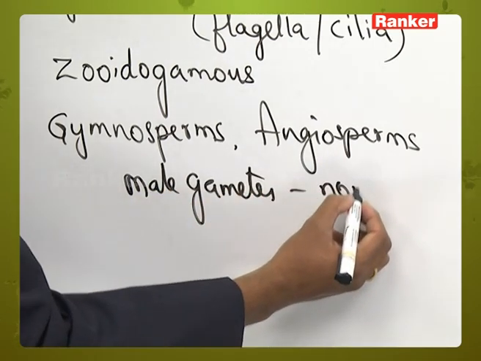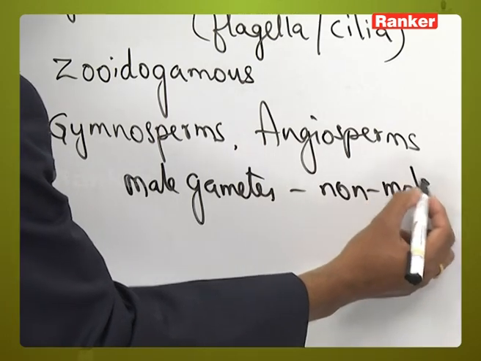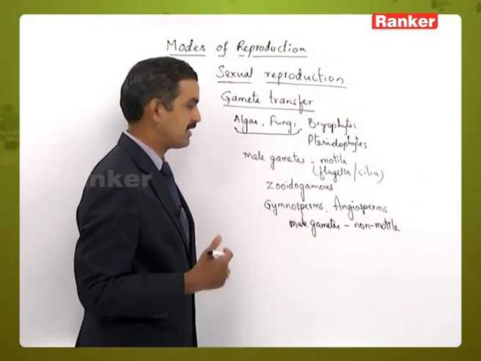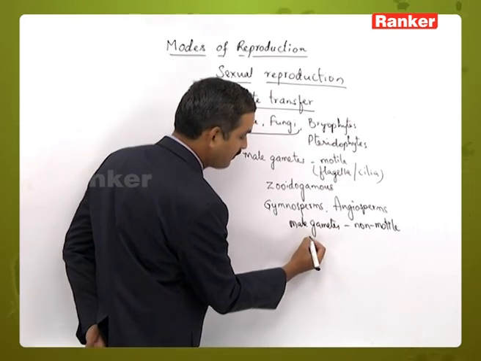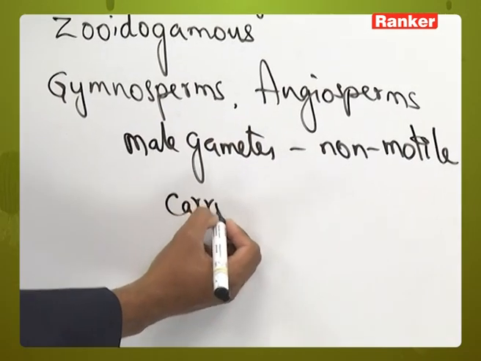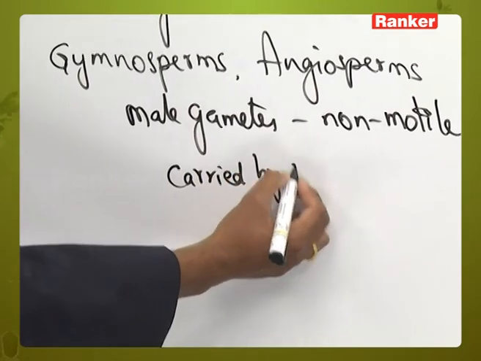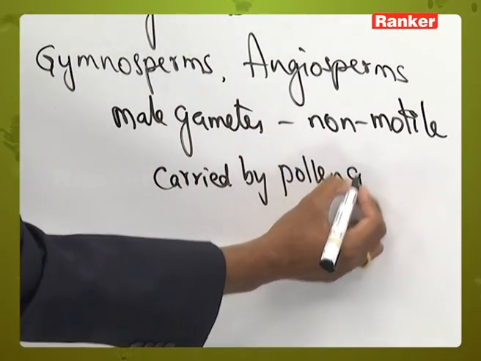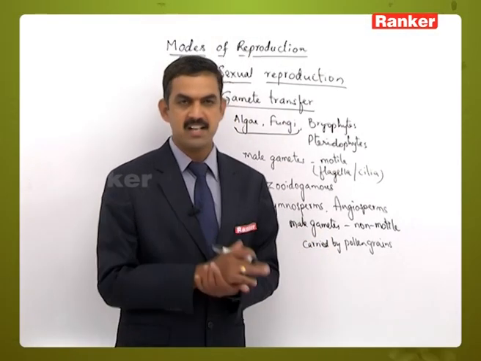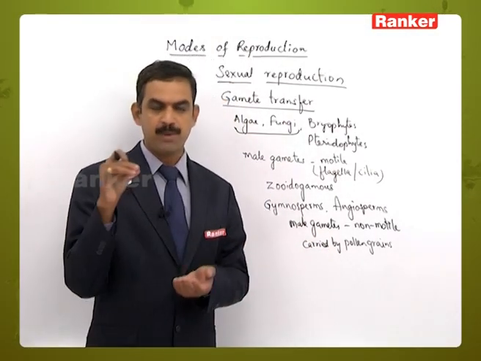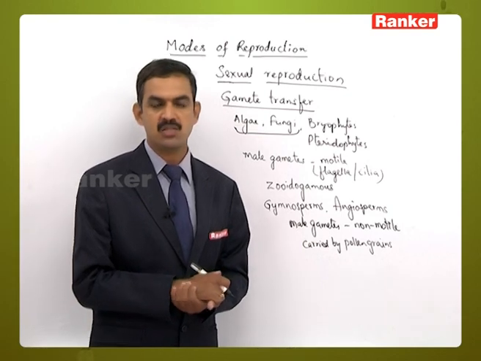Non-motile means they do not have any locomotive structures, neither flagella nor cilia, but they are carried by pollen grains. These pollen grains are carried by various agents so that they will reach the stigma.